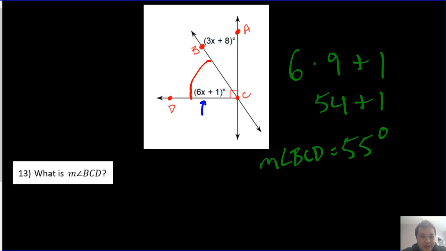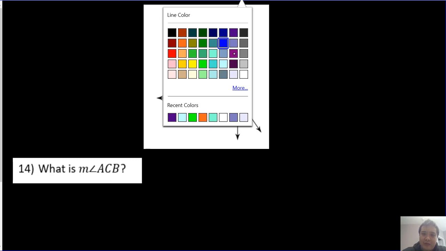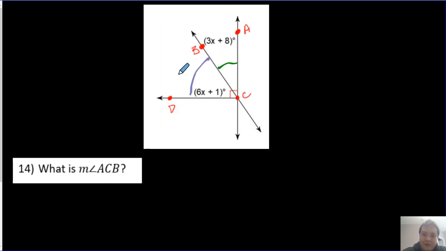The next question says, what is the angle measurement of ACB? Well, if we know that ACB is this one and the other one is going to be 55 degrees, we can just do 90 minus 55, which gets us 35 degrees.